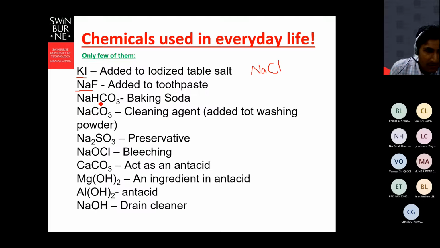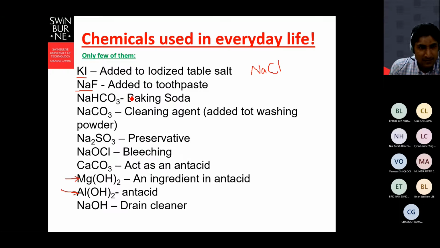The baking soda makes the food tastier. Sodium carbonate is a cleaning agent. Sodium sulfite is a preservative. Sodium hypochlorite is bleach. Drain cleaner, antacid, magnesium hydroxide, aluminum hydroxide. Hopefully you don't need to take this, but sometimes we need to, because if the food is too acidic or we have reflux, we need to take this.